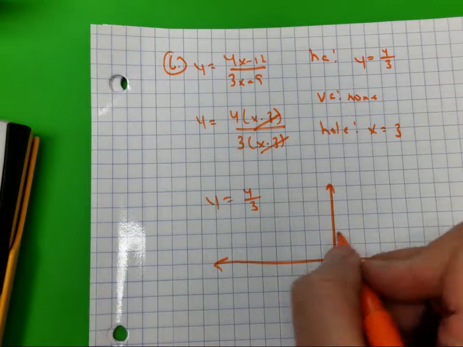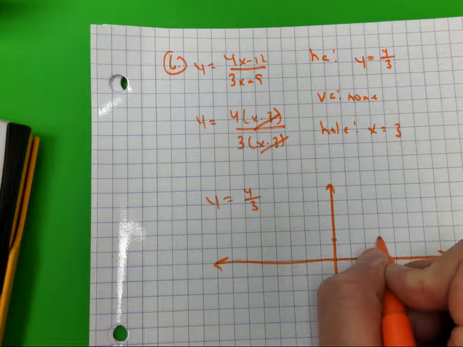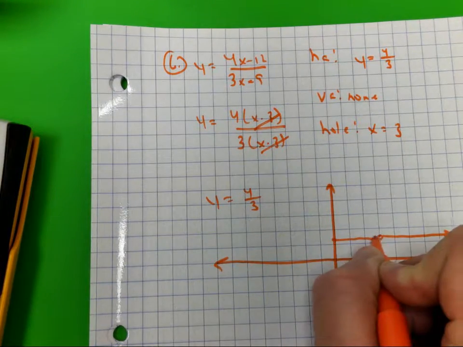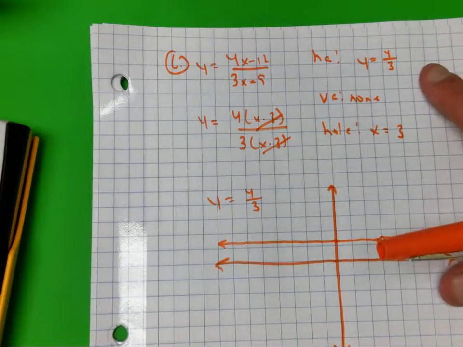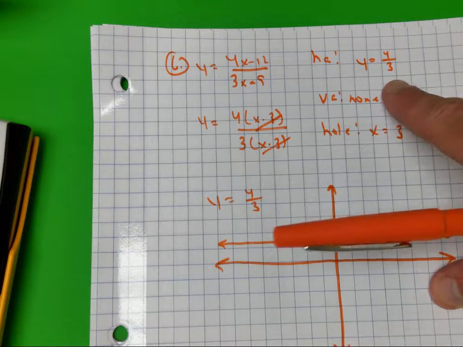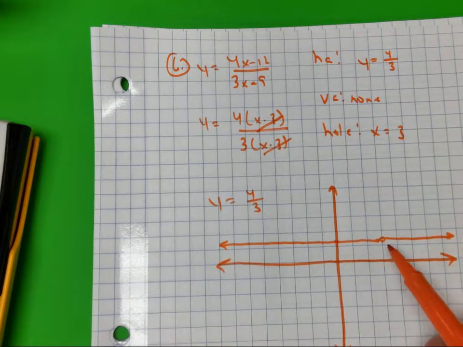So 4/3 is 1 1/3 right here. But remember, there's a hole at x equals 3. So you just draw this across. Mr. Chester, the horizontal asymptote is there, and remember, I told you that you can cross a horizontal asymptote, when in fact it's touching this whole horizontal asymptote. So there's only a hole here.